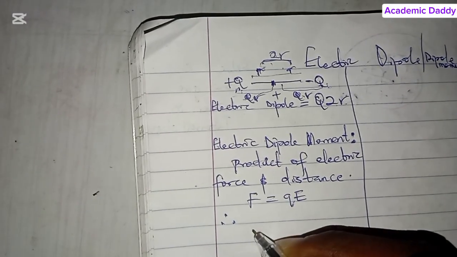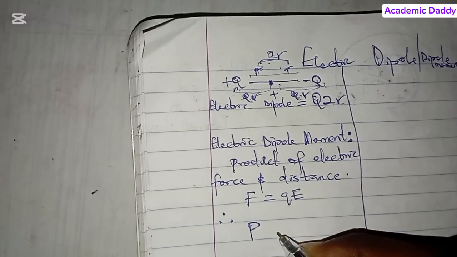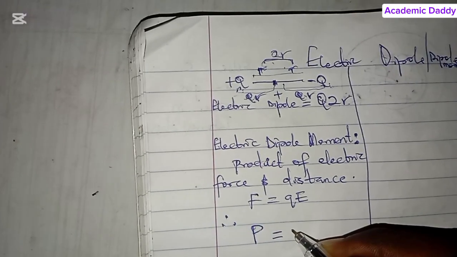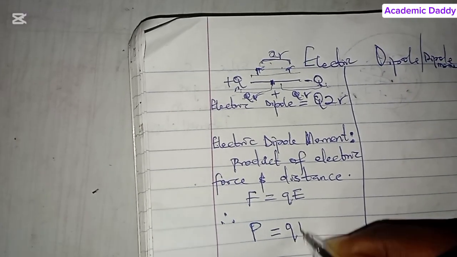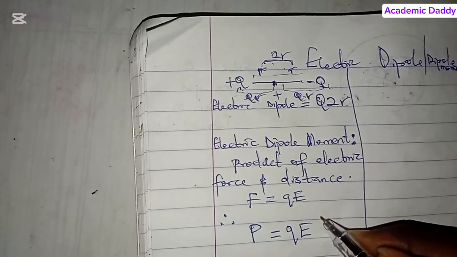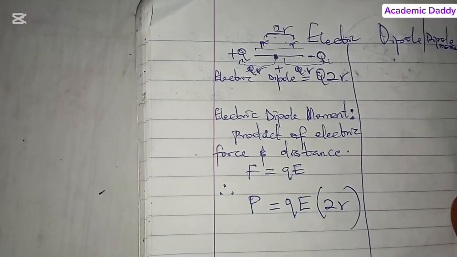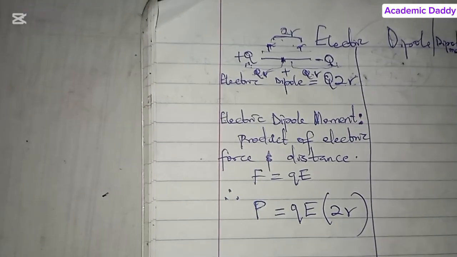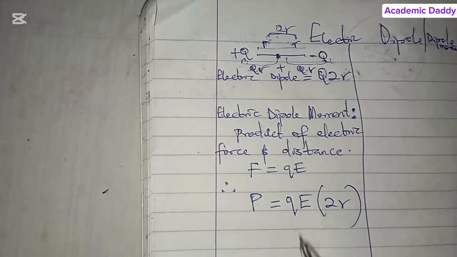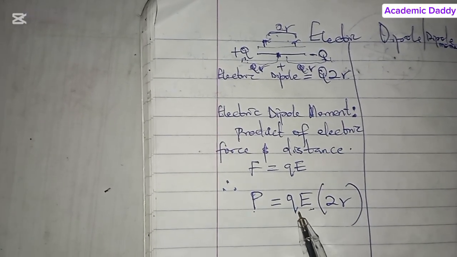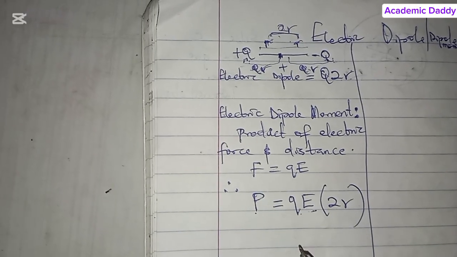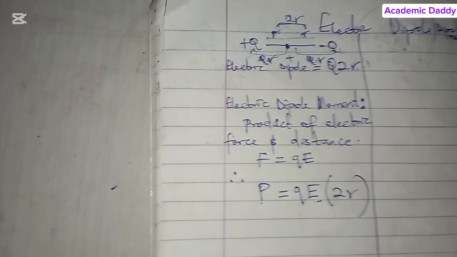Therefore, the dipole moment, which is represented with P, will simply be equal to force, which is QE, times distance, and the distance here is R plus R, which is 2R. So electric dipole moment is equal to QE times 2R, or 2R times QE, whichever way you want to put it.